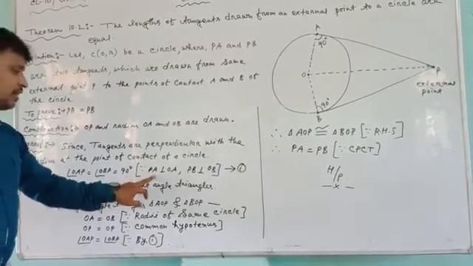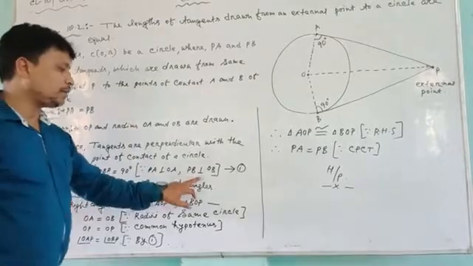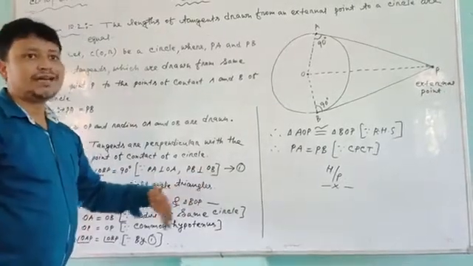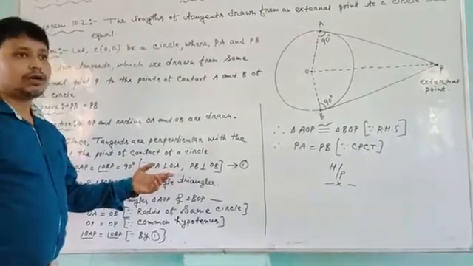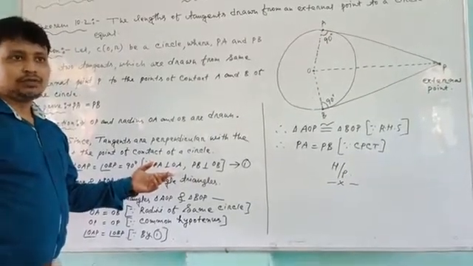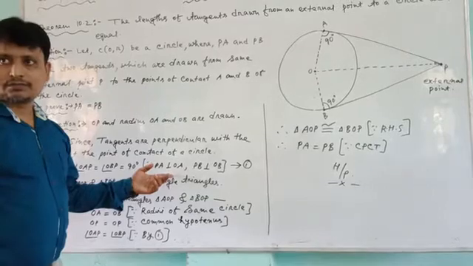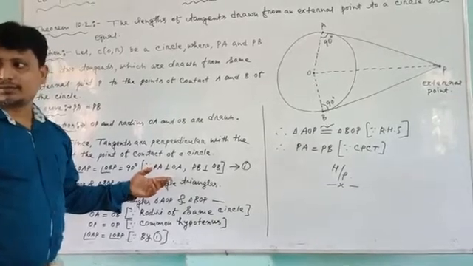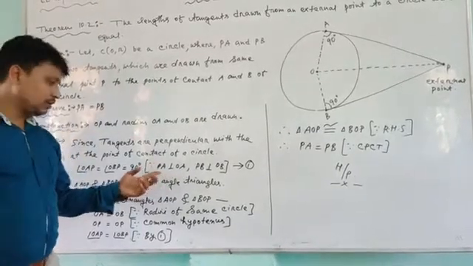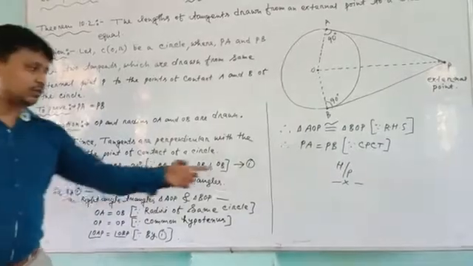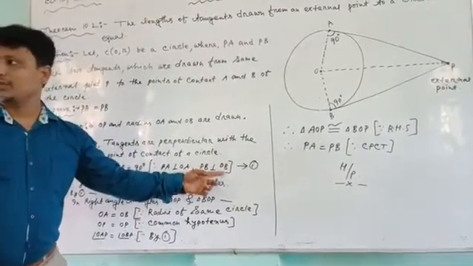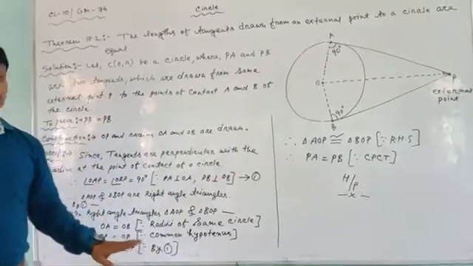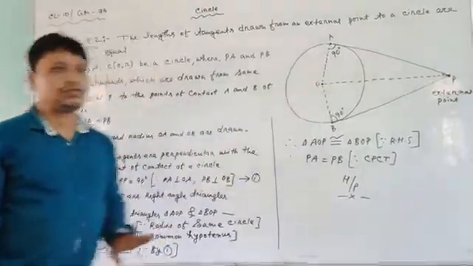Why? Because PA perpendicular on OA, PB perpendicular on OB, as a pair of tangents. That means both the tangents are drawn to two different points of contact, so that tangent is perpendicular with the radius. So the reason is already written, and this one is statement number 1, because again we have to reuse this statement for proving congruency between these two triangles.